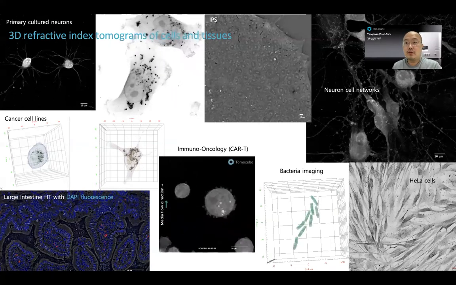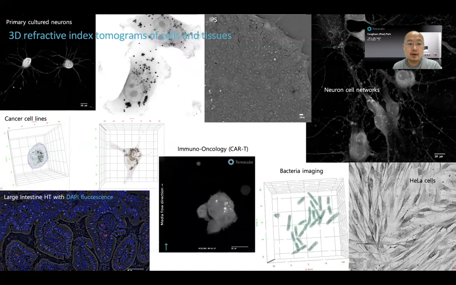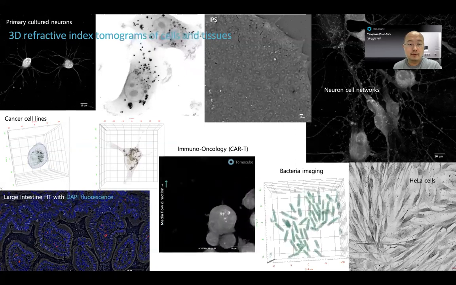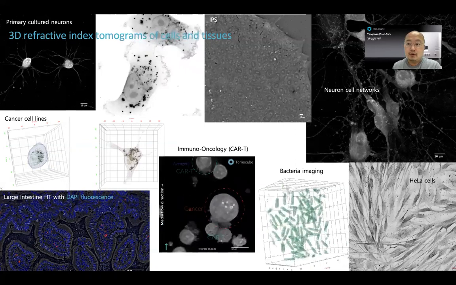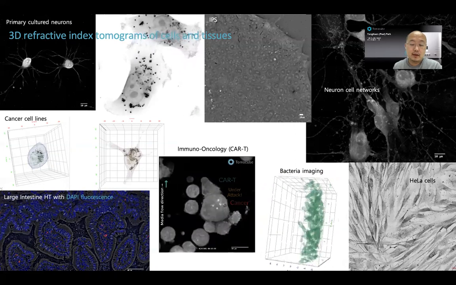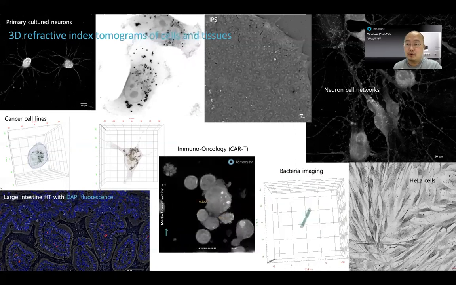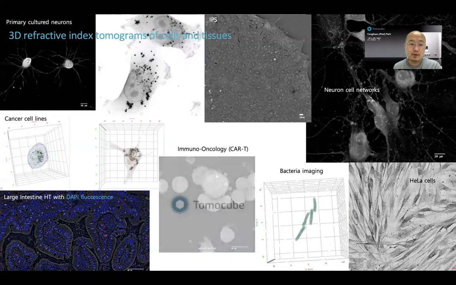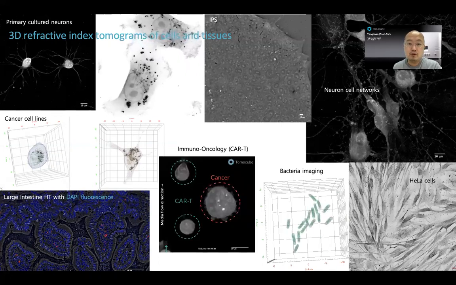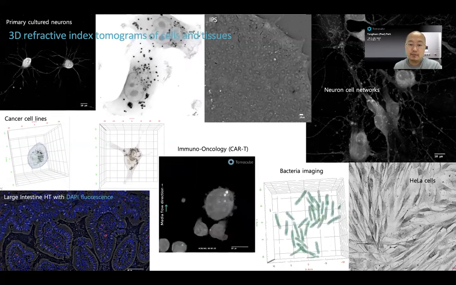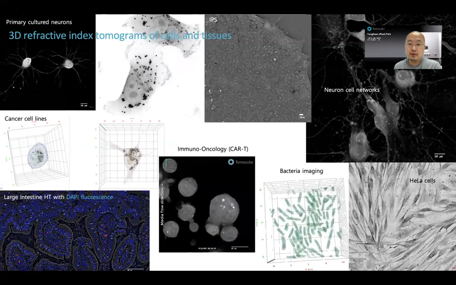Unlike the conventional fluorescent microscope, if you introduce fluorescent dyes or staining, you have to worry that the cells are no longer alive. So you have to discard the cell after measuring three-dimensional fluorescent images, and then you have to stain other samples for other measurements.